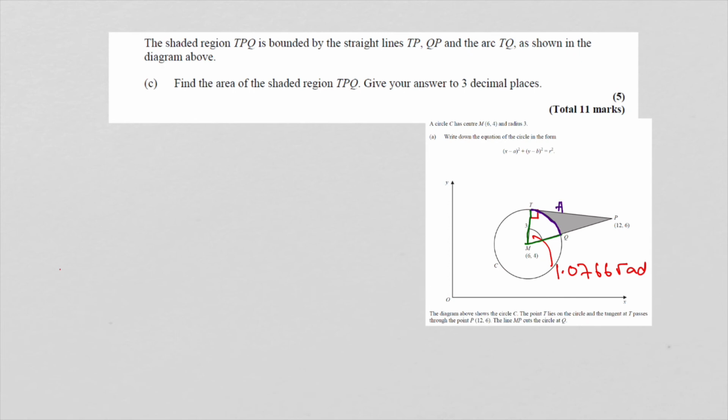Sine is opposite over hypotenuse. So sine of m, the opposite is h that we're looking for, over the hypotenuse. We know what that is. That's root 40.